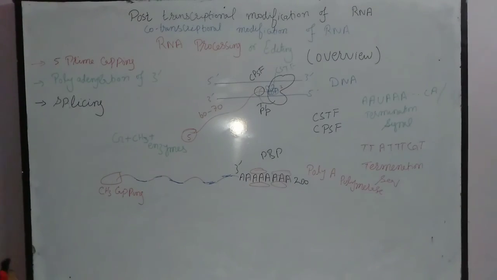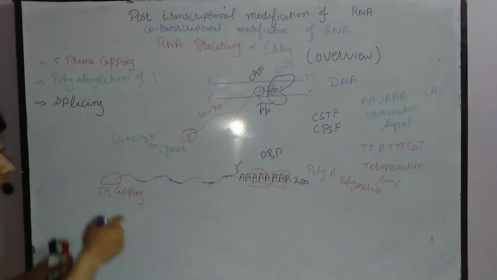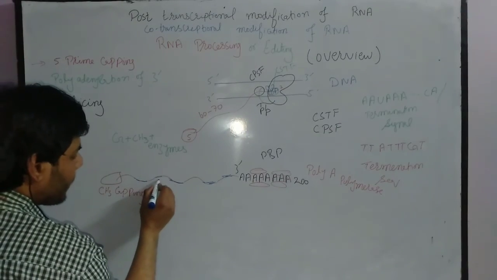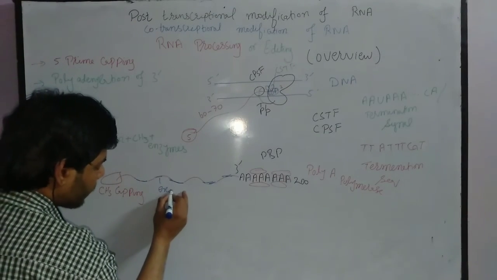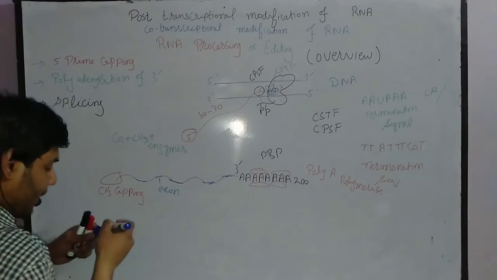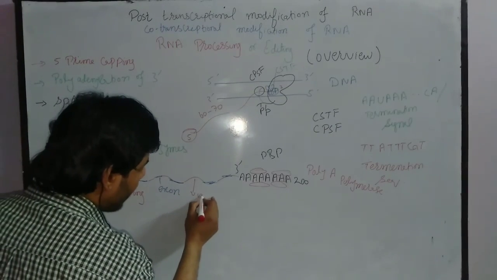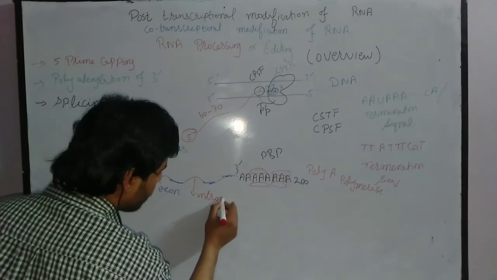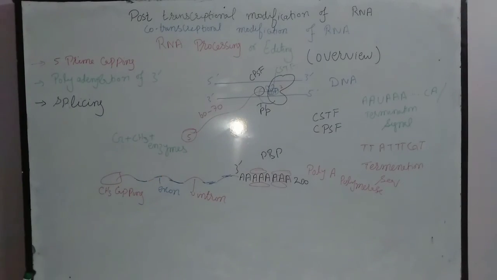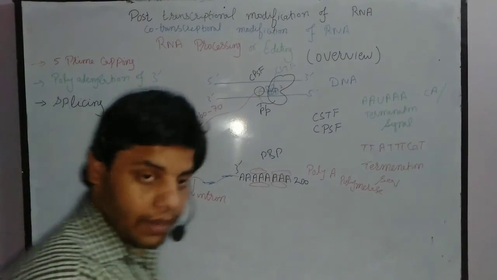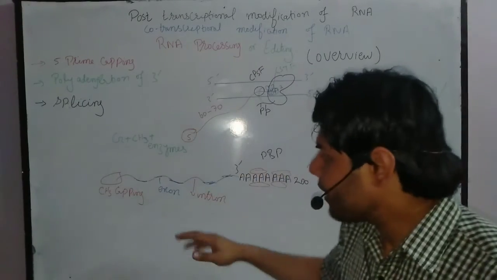So we have a specific kind of region inside the RNA, which we call exon. And then we have some other specific region which we call intron. Okay, now what are exon and intron? Let me tell you a little bit about that.